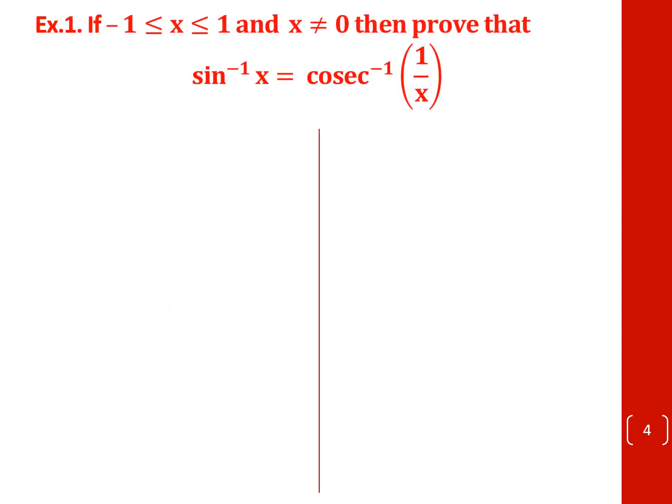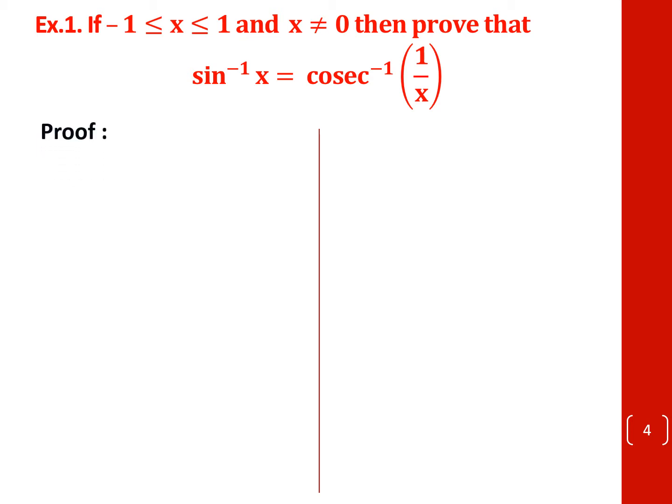Example in which we will see proof of some properties. If -1 ≤ x ≤ 1 and x ≠ 0, then prove that sin⁻¹x = cosec⁻¹(1/x). We'll see proof of it.